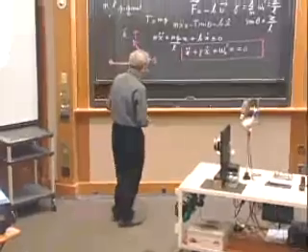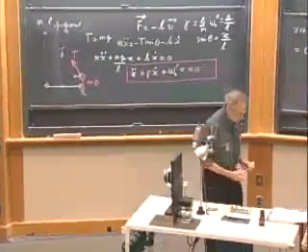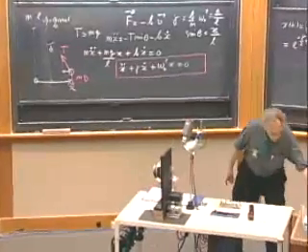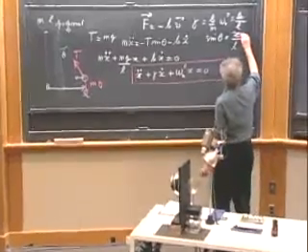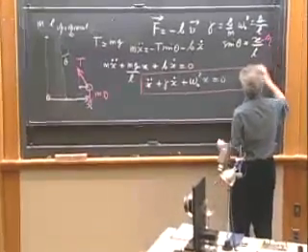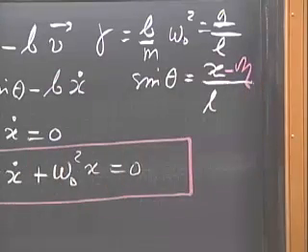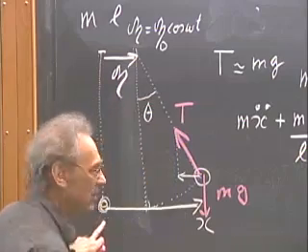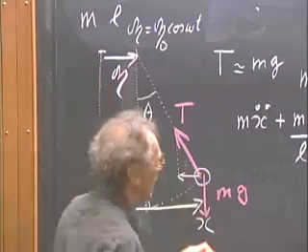And so the only thing that is going to change now is that the sine of theta is no longer x divided by L, but the sine of theta is x minus eta divided by L. Because notice, if this is eta, which is the position of my hand, then the sine of this angle is now x minus eta divided by L.